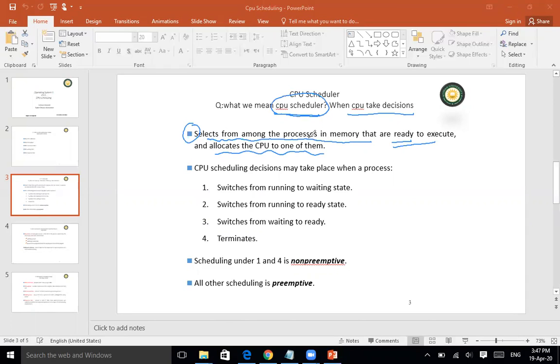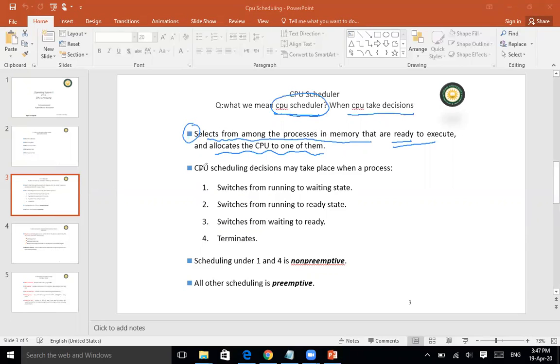If a process is in the ready state, the CPU scheduler selects it and gives it the CPU to start executing.